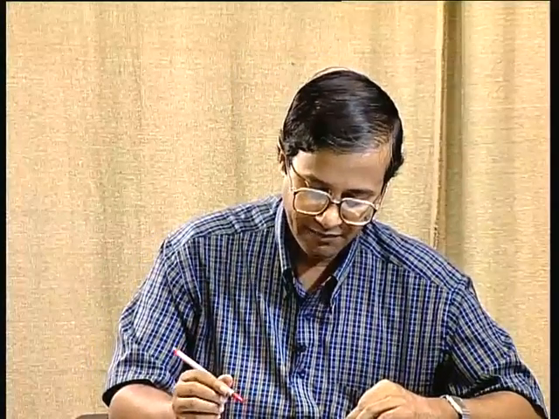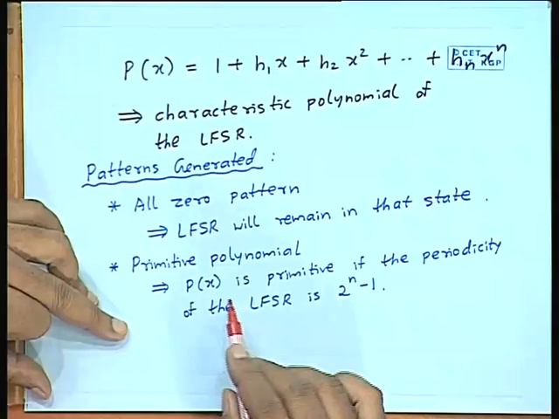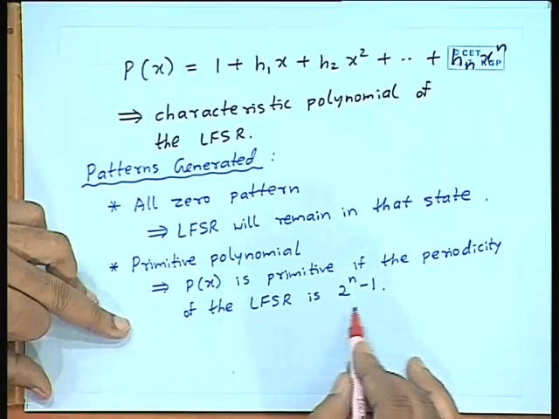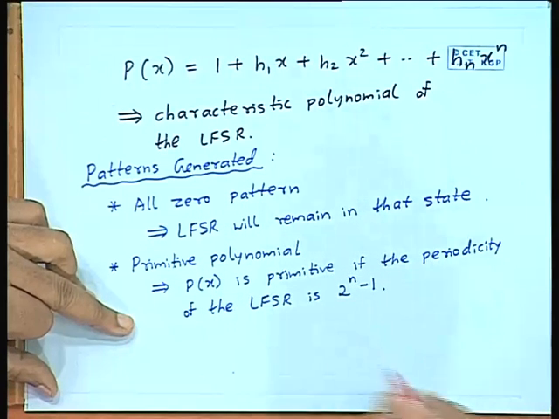The successive patterns will bear some randomness properties. There will be no two patterns which will be repeated, but yet you can cover all 2 to the power n minus 1 patterns. This is the very interesting property of a primitive polynomial which you can use in the LFSR. So, P(x) is primitive if the periodicity of the LFSR is 2 to the power n minus 1.